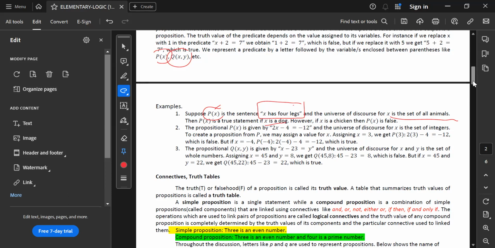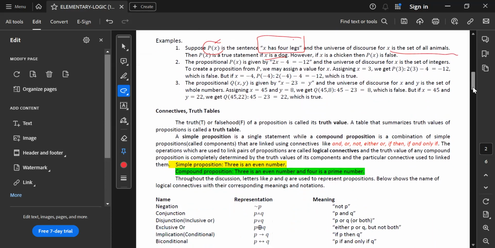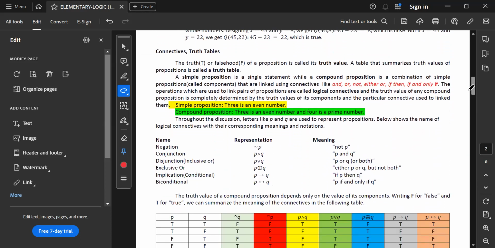So, moving on to the connectives and the truth statement. When you say truth value, it is the truth or the falsehood of a certain proposition.